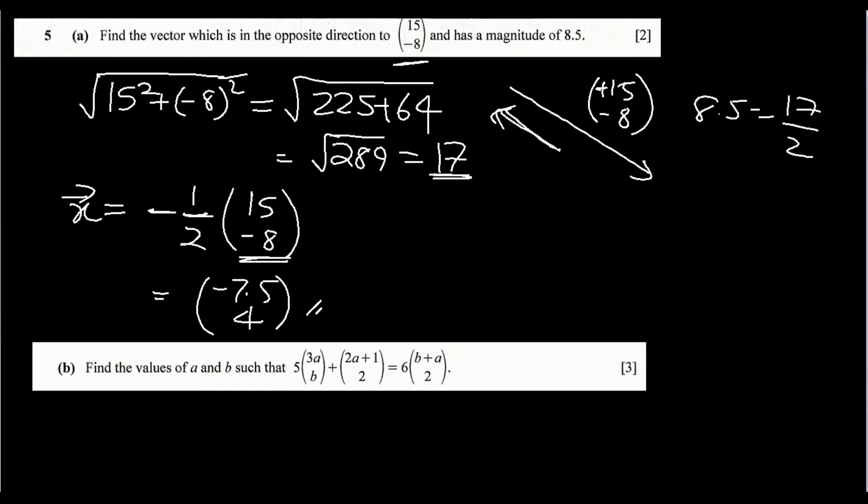Find the values of a and b such that the relationship between the vectors is like this. So we know that in column notation the first one is x, the second one is y. So x can never be converted into the y component or y direction of the vector. So we will compare the x components of each side.